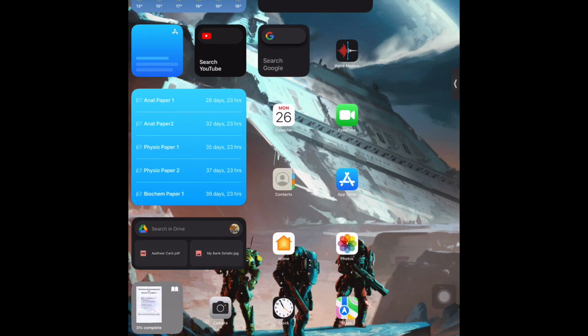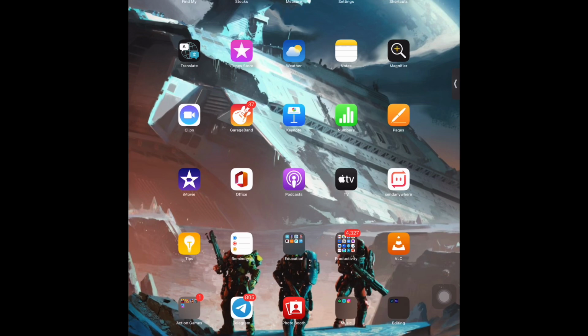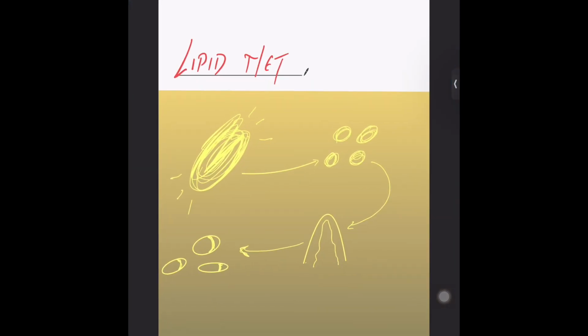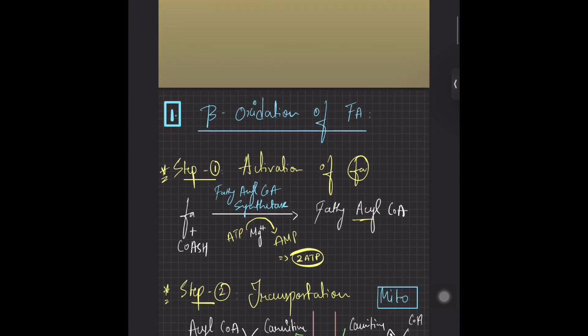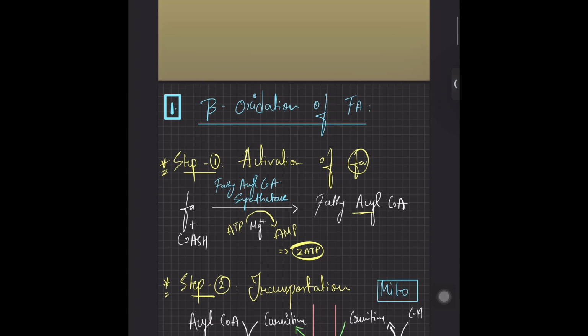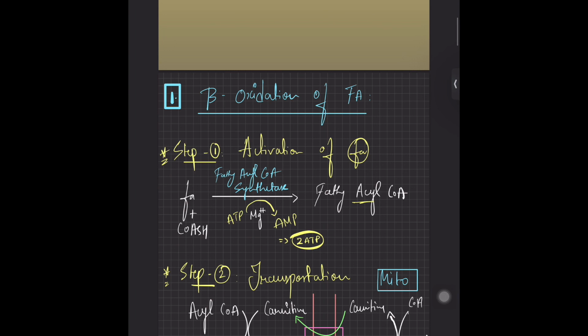So let's get started. Firstly, lipid metabolism. So the first important pathway is beta oxidation of fatty acids. Why do we need beta oxidation of fatty acids and what is meant by beta oxidation of fatty acids?